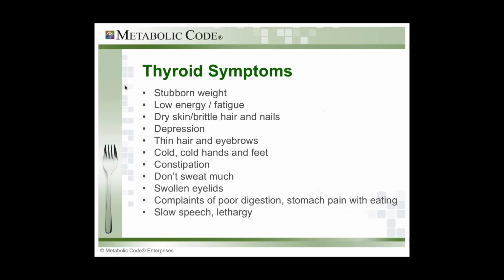So these are all the symptoms that we look for and we assess. And of course, the number one thing that tells me something must be going on with thyroid, whether it's directly thyroid or thyroid being affected by something else, is that stubborn weight that is just so hard to get off, anything past maybe 4 or 5 pounds, even when people exercise.